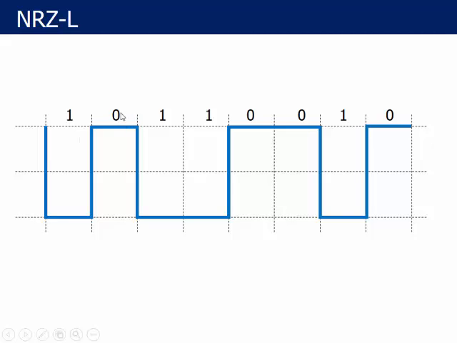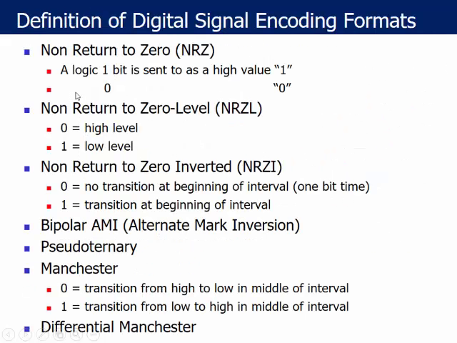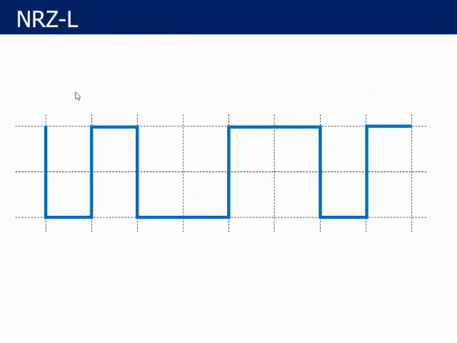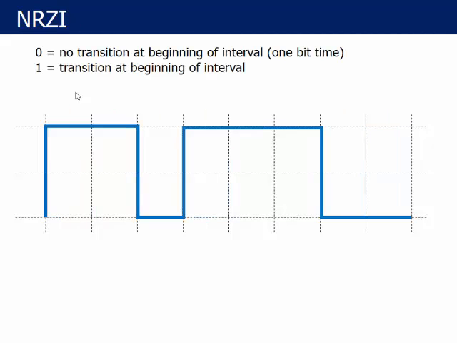If there is a 0 bit, then there is a voltage. For 0 bits, high voltage. For 1 bit, there is no voltage. That is the case of non-return to zero level algorithms.